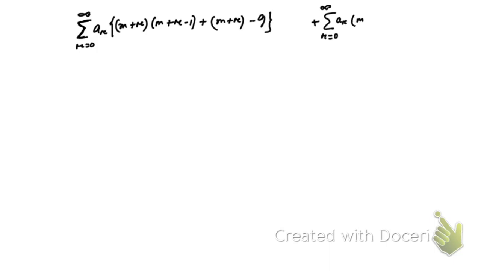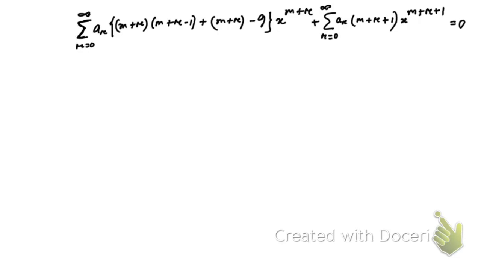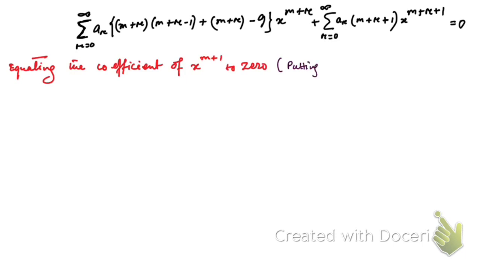So I have written this equation again so that I don't need to go back to the previous slide again and again. So now equating the coefficient of x to the power m plus r.